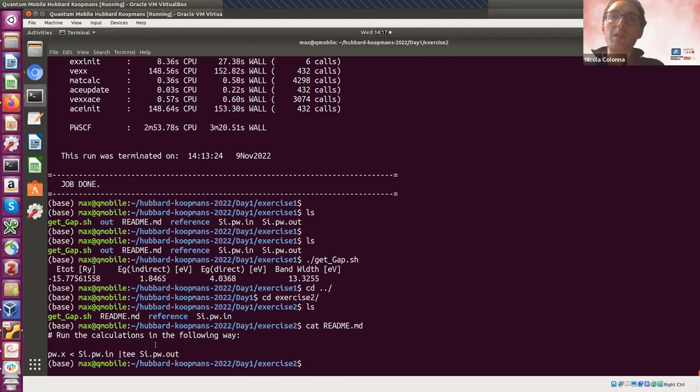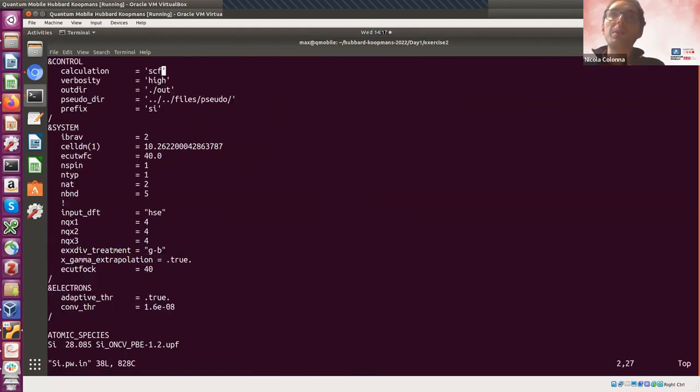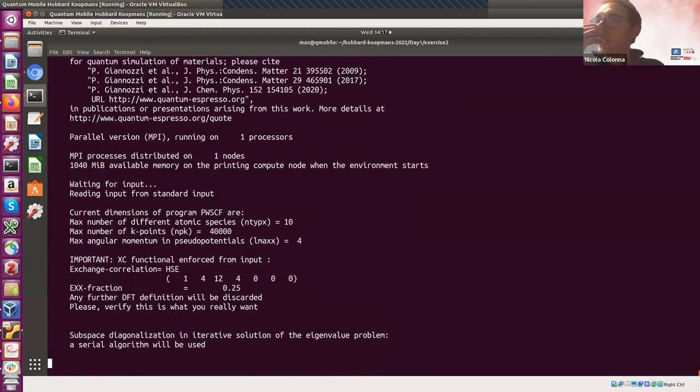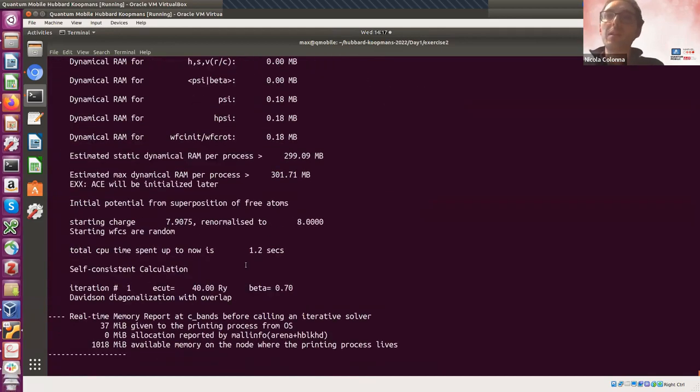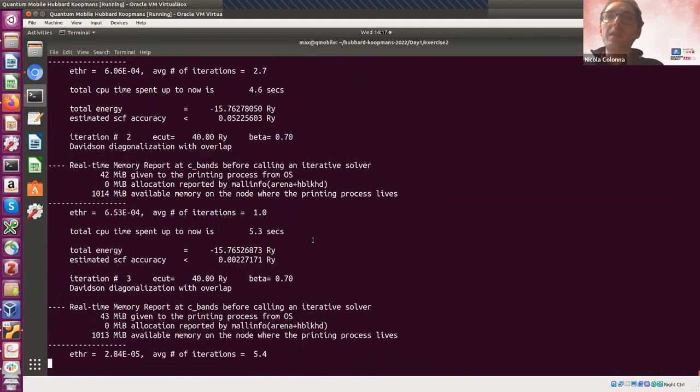We can see the input file, and now the only difference with respect to the previous one is that now we specify as the input density function theory we want to use HSC, and then again you can run it in this way, and you would see the same behavior as the one we discussed for PB0.